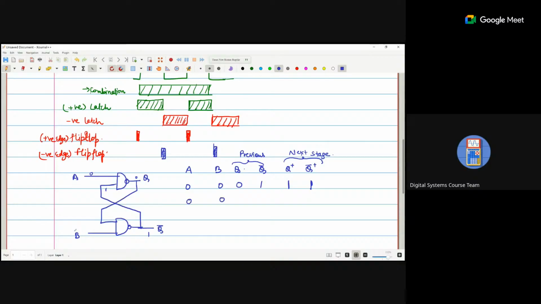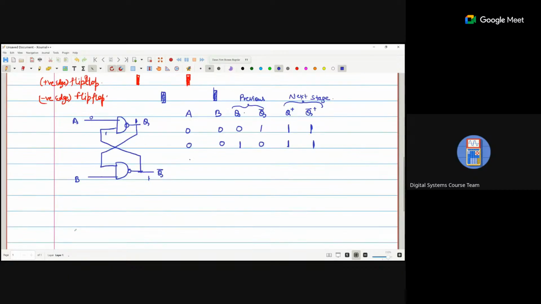Again, A and B are 0, Q I assume 1. If it is 1 and B is also 0, that means Q bar is 1. Q bar is 1 with A, it will be 1.